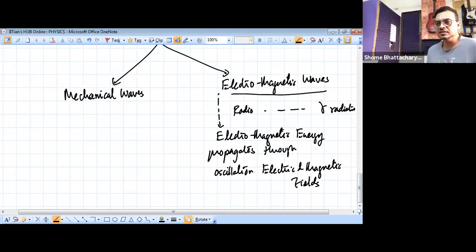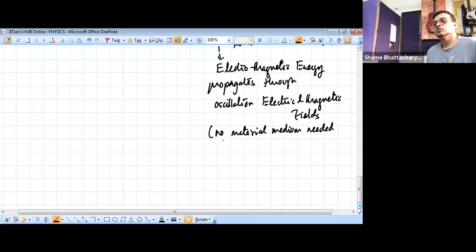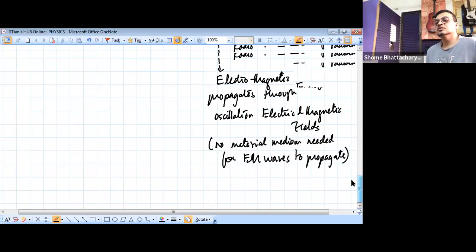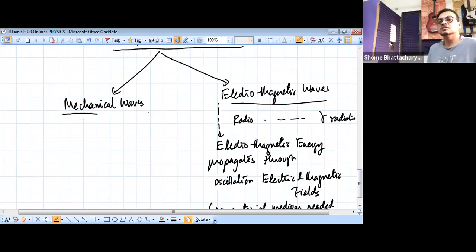So that becomes an integral part of understanding electromagnetic waves. So importantly, there is no material medium needed for electromagnetic waves to propagate. Okay. Whereas what we are going to study here in this chapter is mechanical waves.